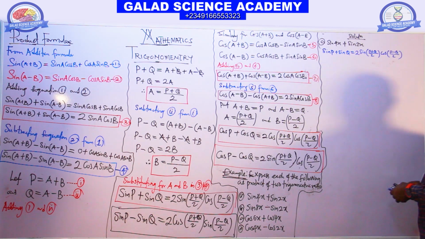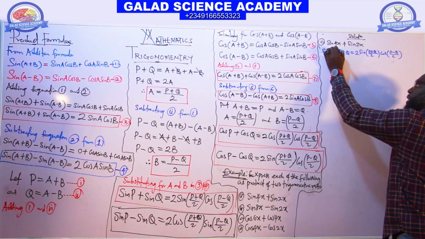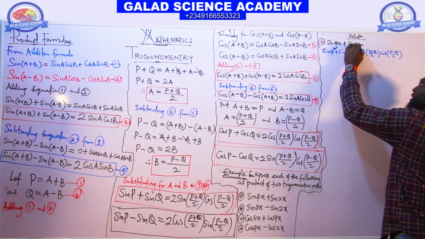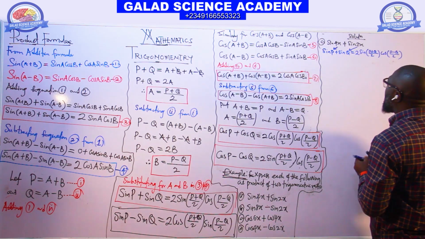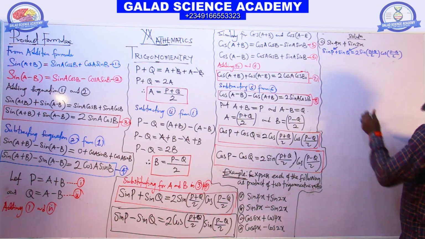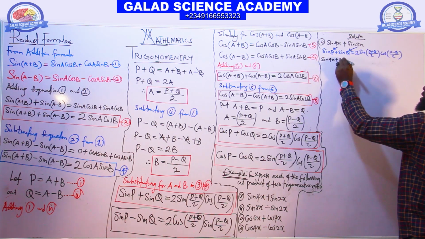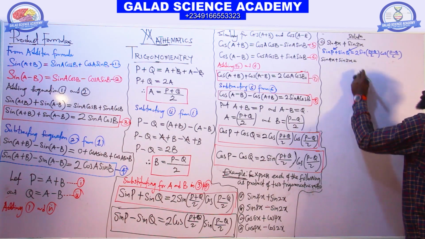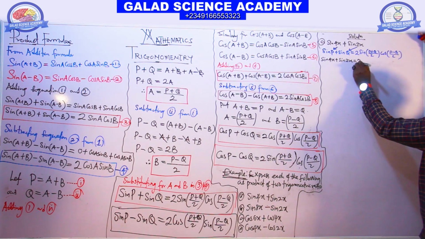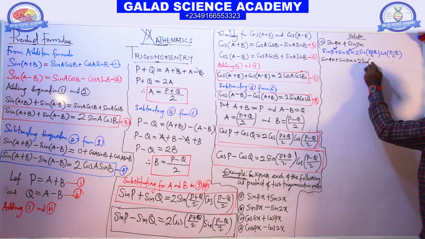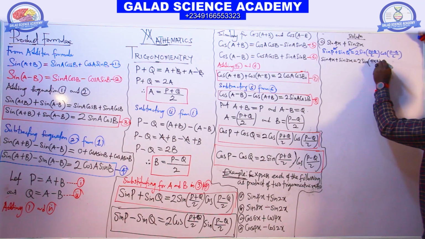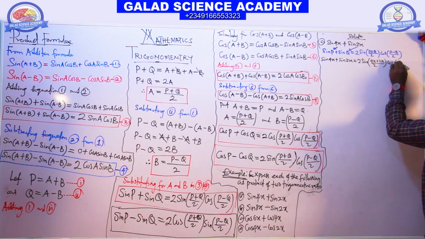So here now, you can see that this 4x is my P. This 2x is my Q. So let us substitute for it now. You now have sin 4x plus sin 2x. To be in product form, it will be 2 sin((4x plus 2x) over 2) cos((4x minus 2x) over 2).